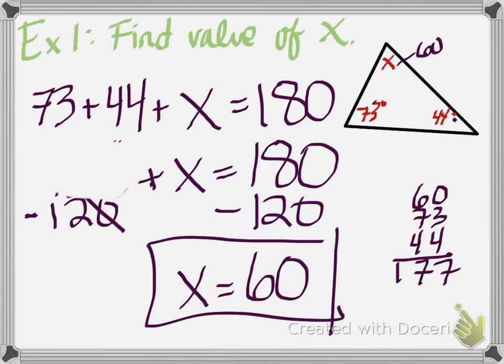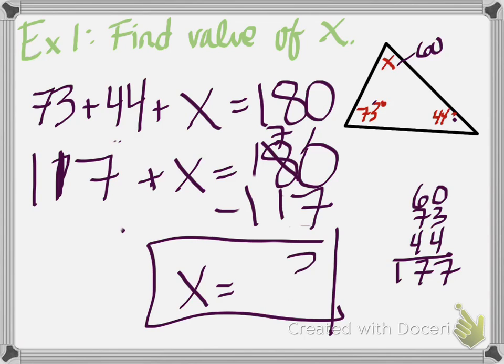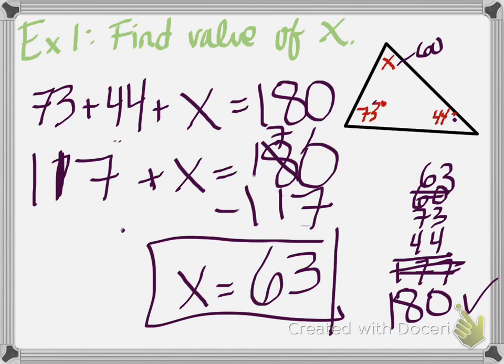Oh, that's the mistake right there. 73 plus 44 is 117. So we need to subtract 117, and then we get 63. So 63 plus 73 plus 44, that is 180. All right, good. So good thing I checked. See, that's why I have you guys check too.